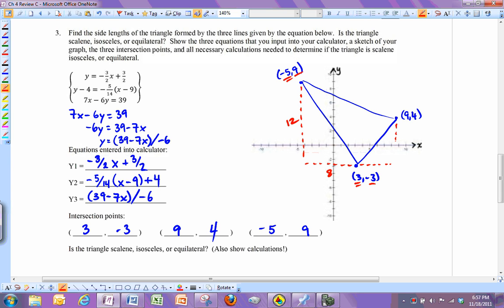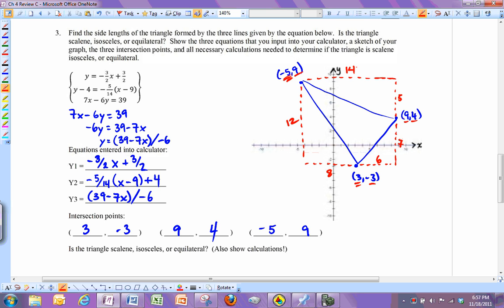For this one, going up and down, the negative 3 turns into a 4, a difference of 7. The 9 and the 3 is a difference of 6. For my last side, going from 9 to 4, the y's change by 5, and from negative 5 to 9, the x's change by 14.